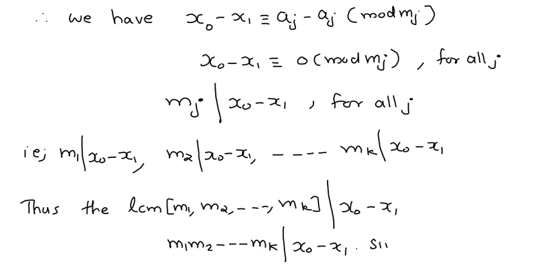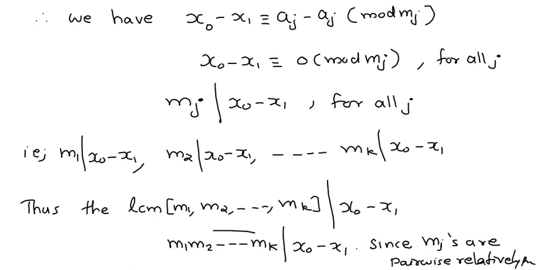Since the mj's are pairwise relatively prime, this product is taken as capital M. So capital M divides x1 minus x0.